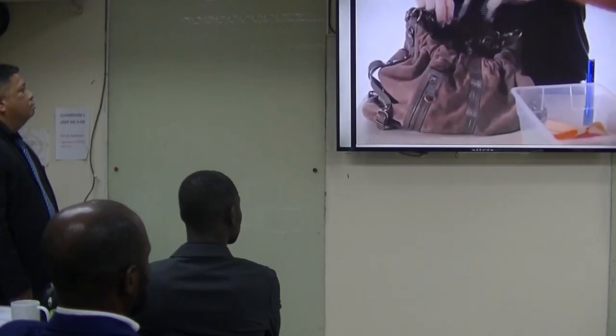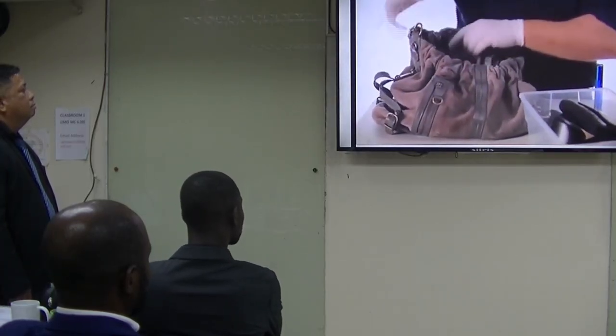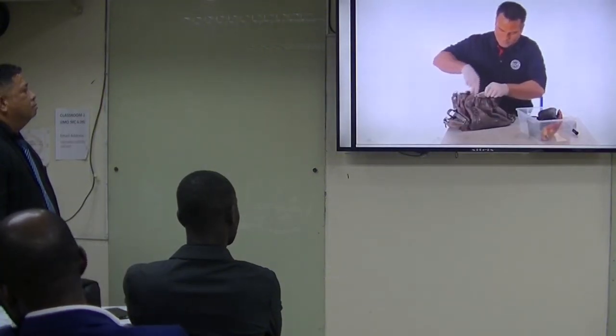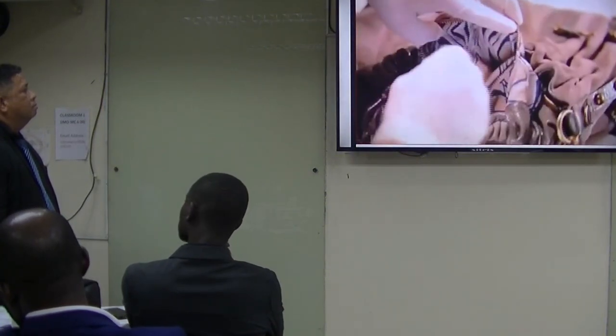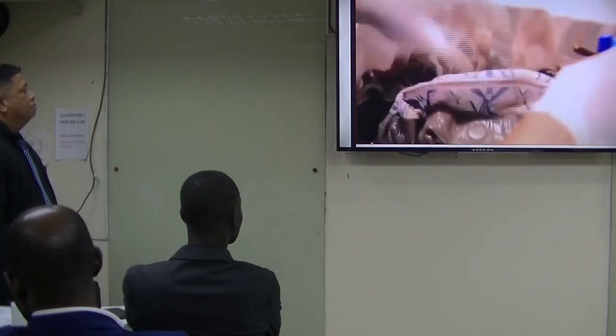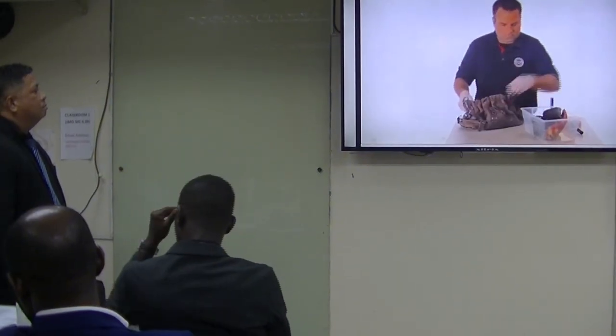Remove any large items and place them in a plastic bin. With your flashlight, open the zipper. Have a look around. Make sure the inside of the bag looks like the inside of a bag should. Feel wallets.